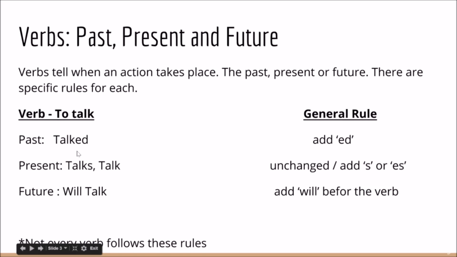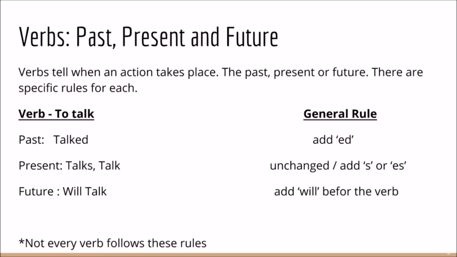If they're doing the action now, in this moment, it's called the present. We do two things, depending on the subject. We either add an s or we add nothing. It's unchanged. And we'll go more into that rule in the next course when we completely cover verbs. But right now, I just want you to be familiar with the different tenses and the different types of rules.